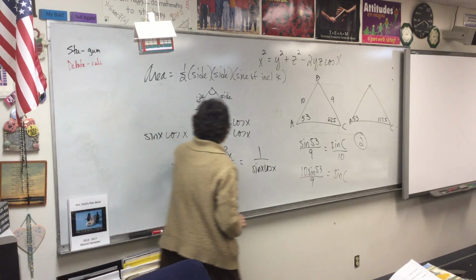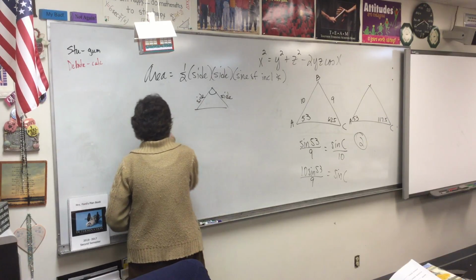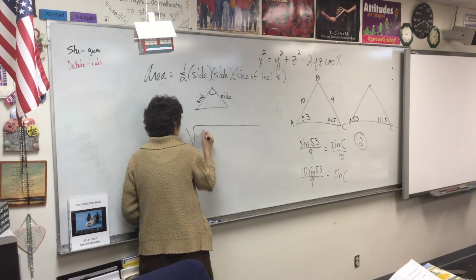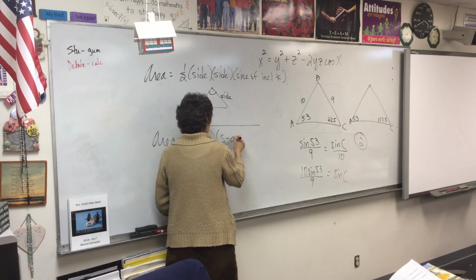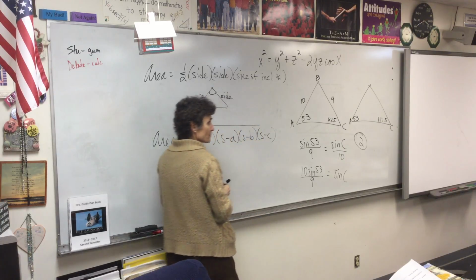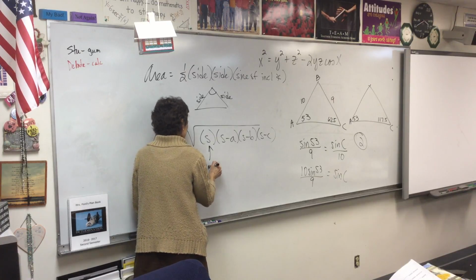We also need to know Heron's formula, which says the area of a triangle is the square root of S times S minus A, S minus B, S minus C. And what's S? Semi-perimeter, half the perimeter.